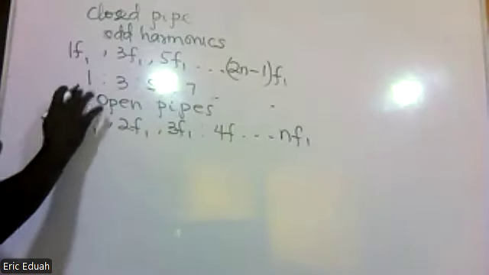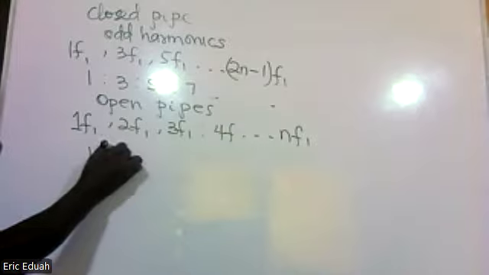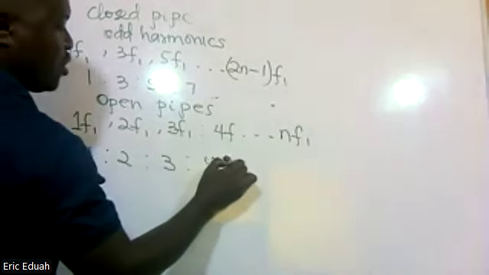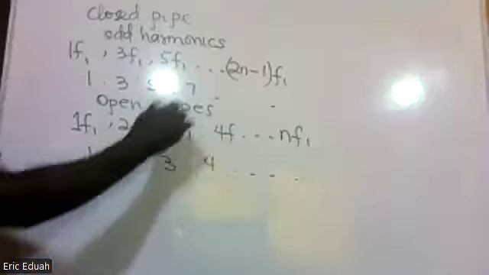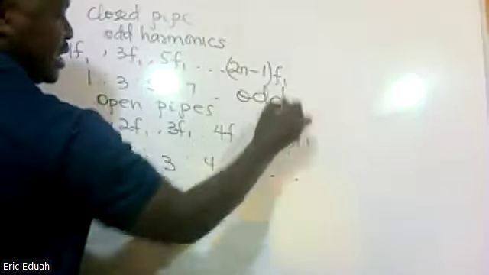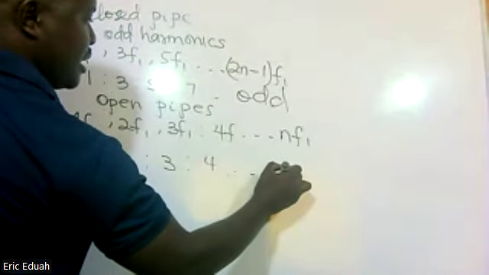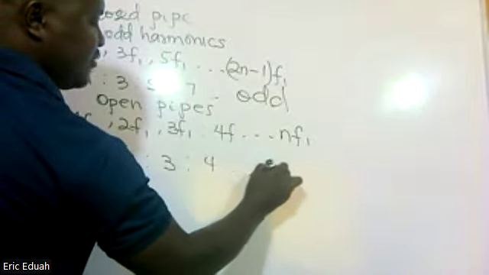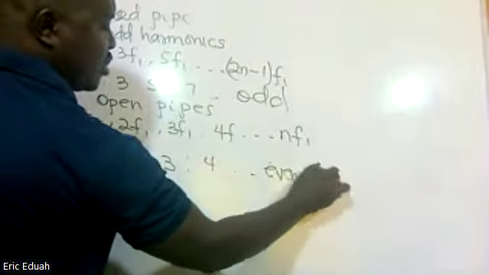So the coefficients are 1 is to 2, is to 3, is to 4, on and on. These are odd, these are even and odd.